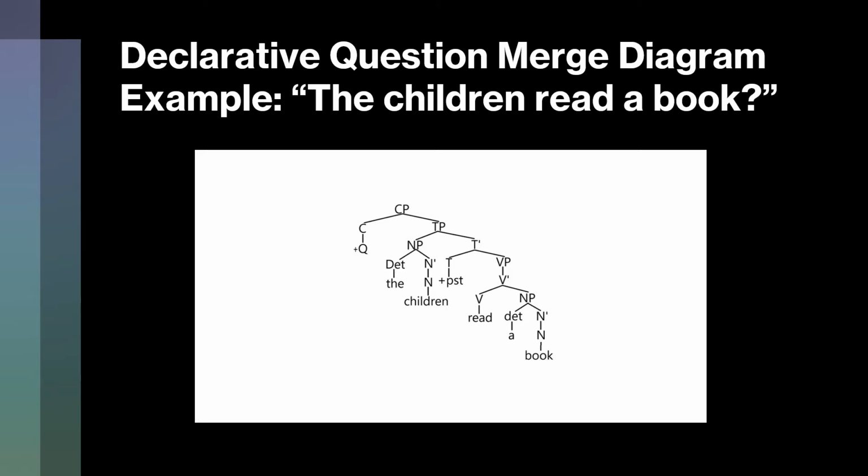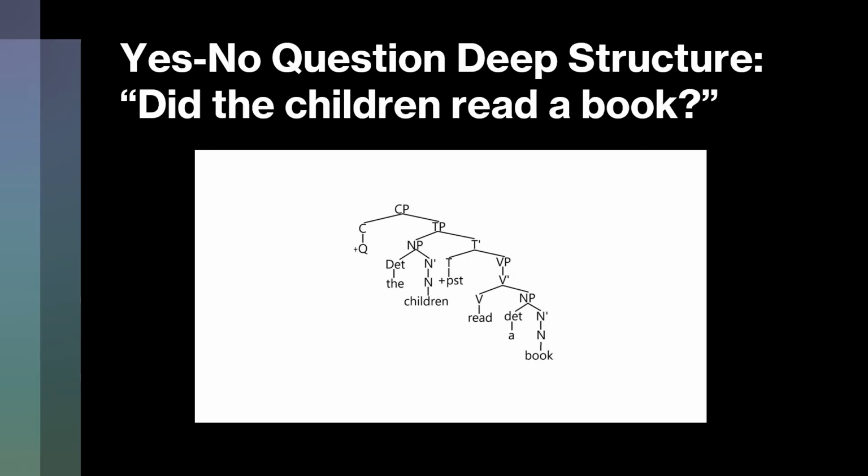Now, most of our questions are not declarative questions, right? Most of our questions, we change the word order in order to create that question. But the deep structure of that question is still a declarative sentence with a question marker. So deep structure says, what does this sentence say, right?